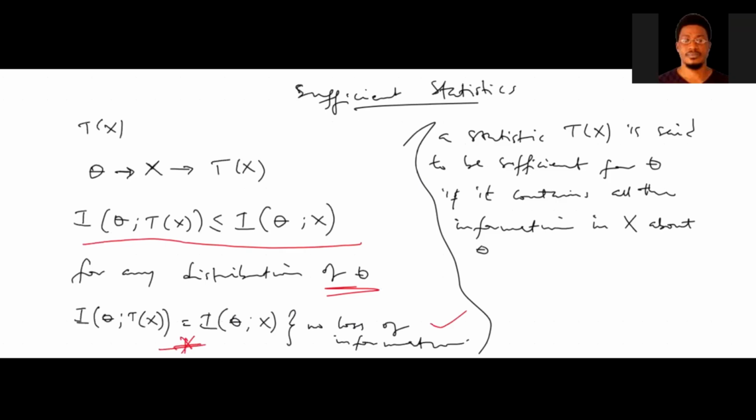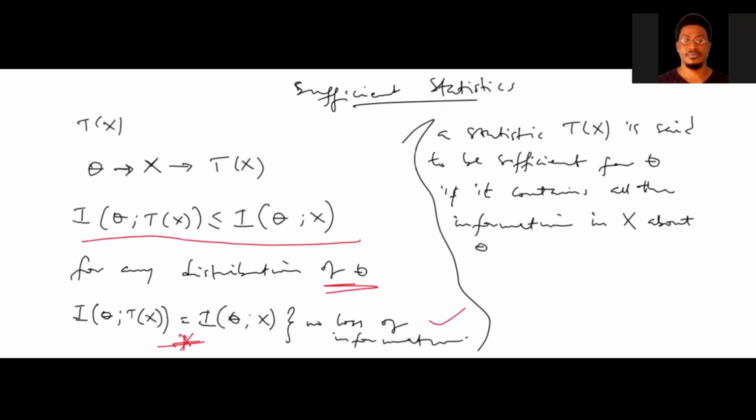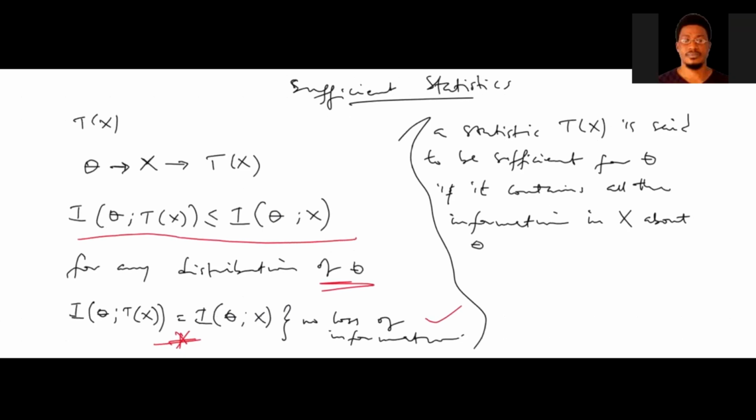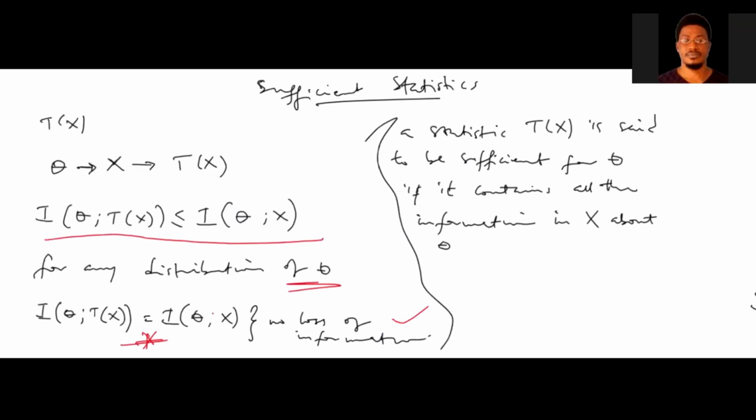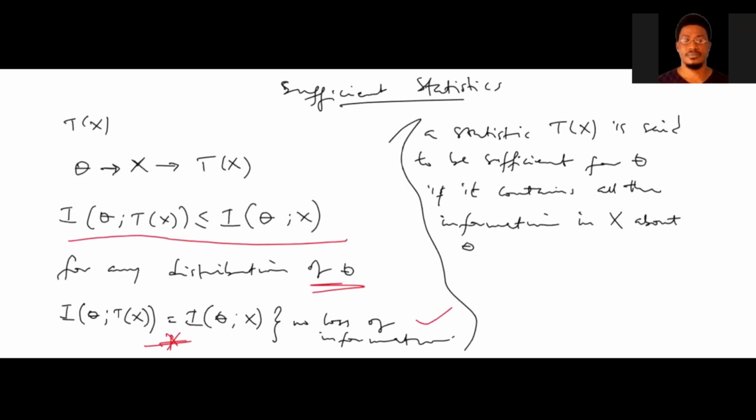If this process is equal, that is, if the mutual information between theta and T of X is equal to the mutual information between theta and X, it means here there is no loss of information. Because at this transition phase, where we would have lost some information about theta, everything just went smoothly. Is that clear?